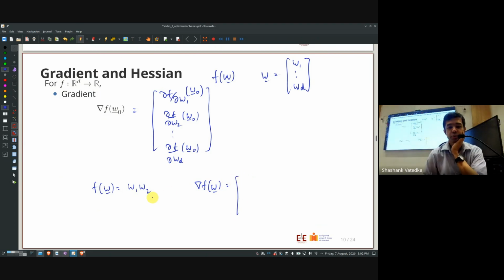Correct. The first element would be the partial derivative of f with respect to w1, which is w2, and the partial derivative with respect to w2, which is w1. And this is evaluated at w, so it's (w2, w1).